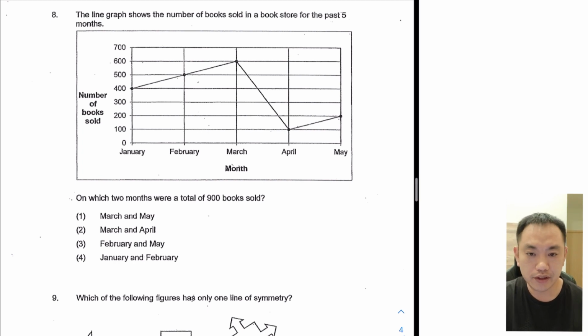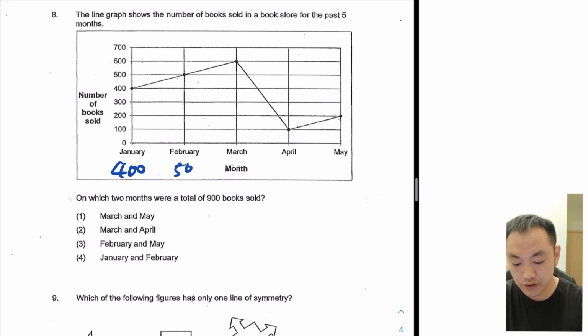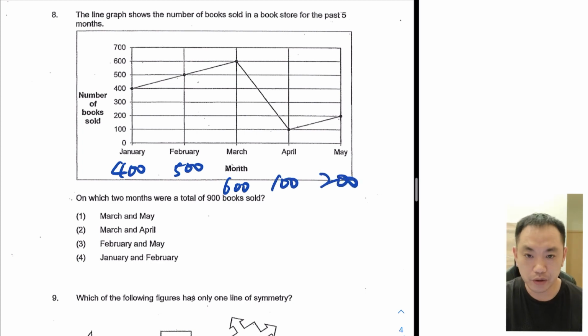So right now we write down the numbers at the bottom first, so it's a bit easier to answer the following question. January we sold 400, February was 500, March is 600, April is 100, and May is 200. So it should be quite straightforward.